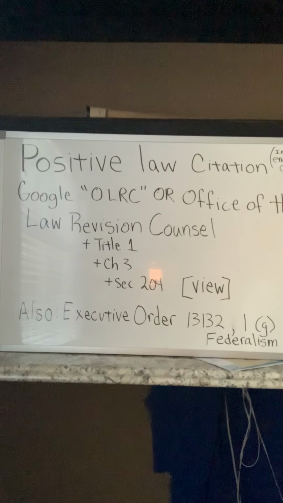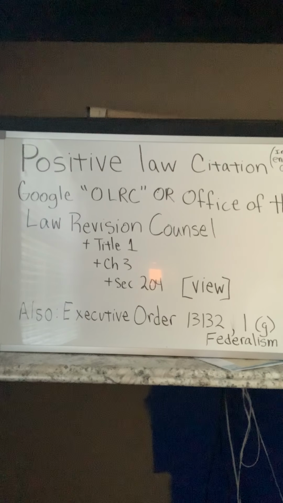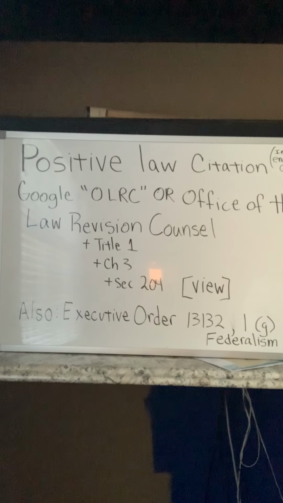And it's usually found in the enacting clause. Now, the enacting clause is required for laws, okay? But the thing is, we look at them and we think the whole list of titles are laws, but they're not, because some of them have no positive law citation.